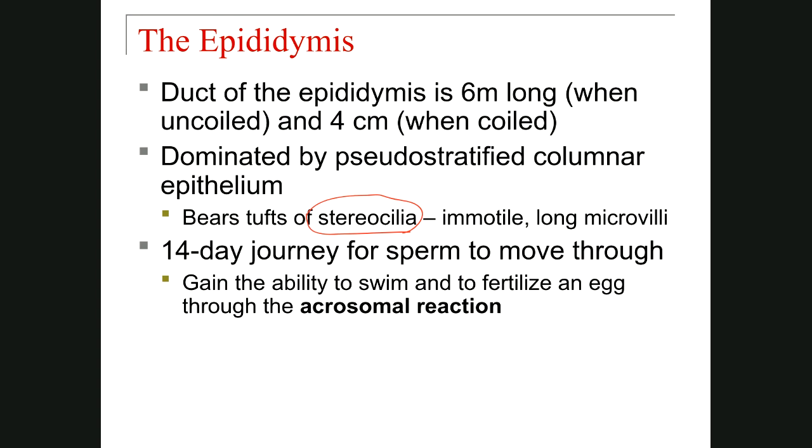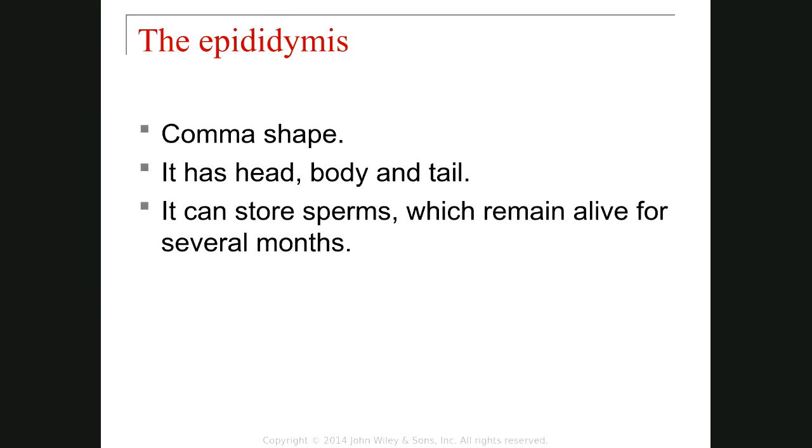Up to now, you learned about the cilia, which can beat forward and backward and help movement of material on the apical border of the cell, like the cilia which you have in the respiratory system, and I will talk about it in the female reproductive system too. You learned about the microvilli, which increase the surface area, and this stereocilia is the other specialization which we have on the apical border. They are immotile long microvilli, and I will show it to you in the next slides.